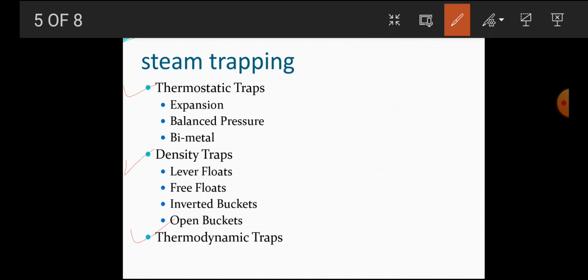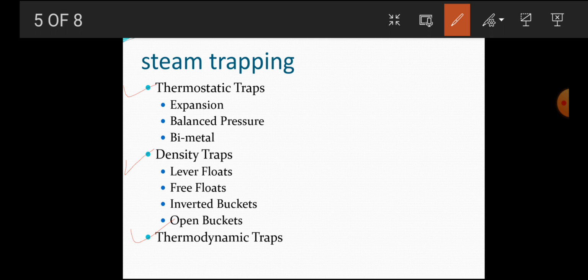So we have discussed thermostatic traps, in which there were three types, that is expansion, balanced pressure, and bimetallic strips. Then we have seen density traps, which were four types, that is lever mechanism, free floats, inverted and open buckets.